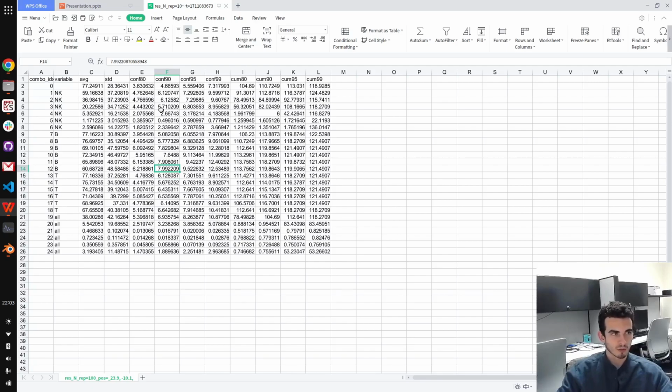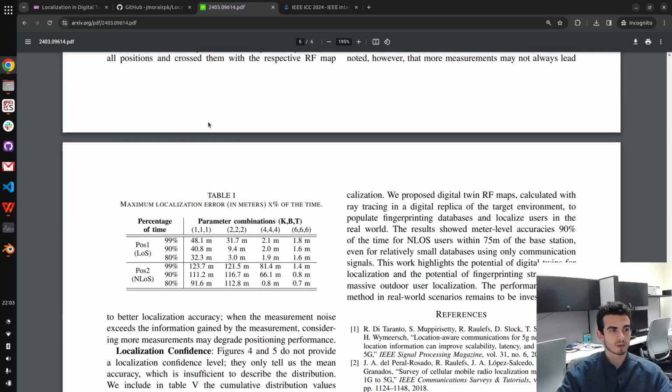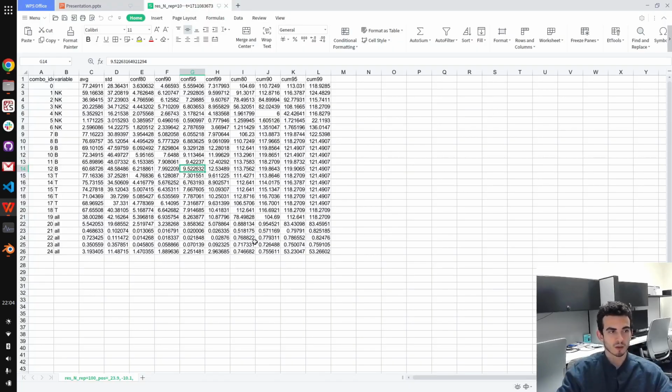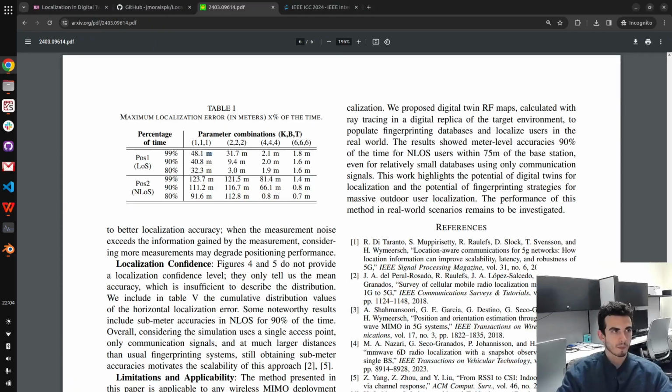So for example, this value means I'm 90% confident that all errors with this measurement characteristic have less than 8 meters of error. And that's how we generated this table here. We know the confidence we want, and we know the error we want, and then we only had to take them from the right places.